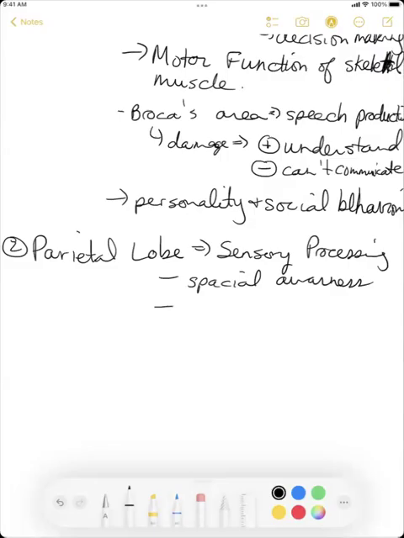One of the major senses that we have is proprioception. Proprioception is an awareness of your body in space. If people have damage to their parietal lobe, they lose that ability to be aware of their body in space, and they would be quite at risk of falls and to lose their balance. It also plays an important role in computation and math.